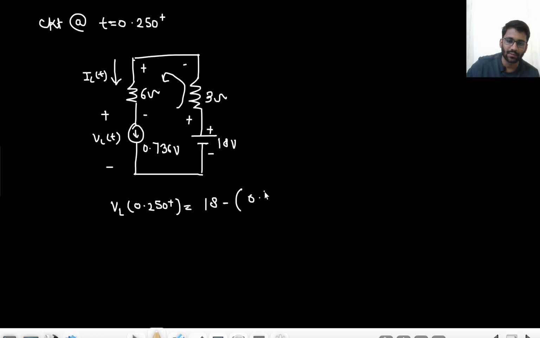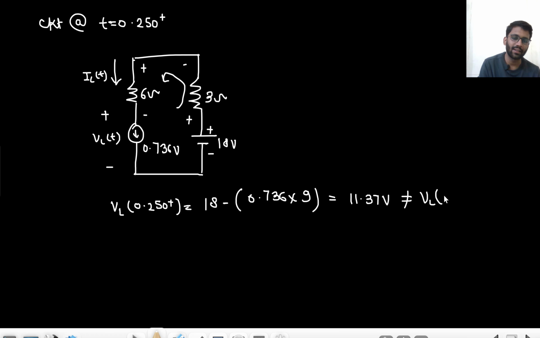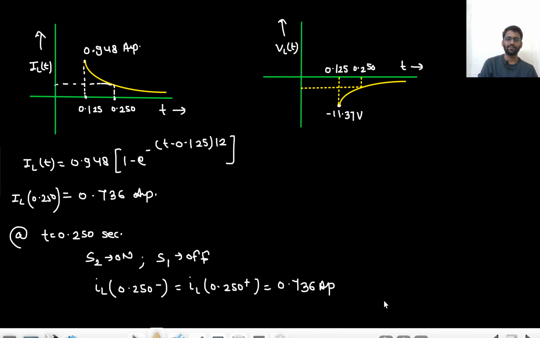So it is coming out to be 11.37 only. So VL at t equals 0.25 plus is not equal to VL at 0.25 minus, right?